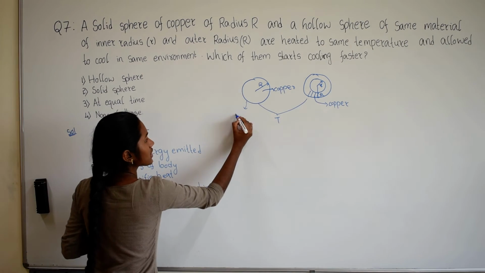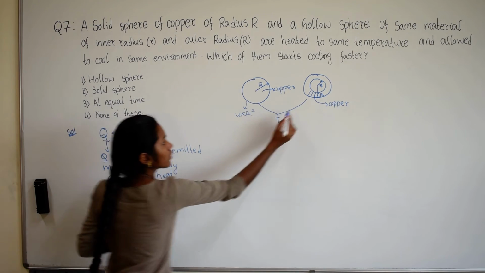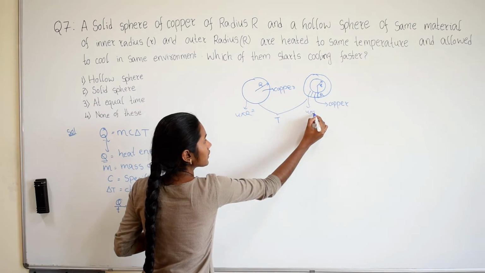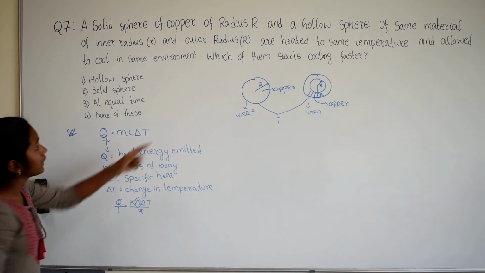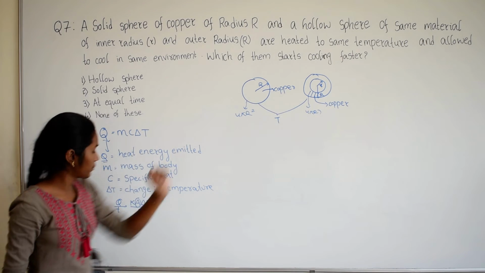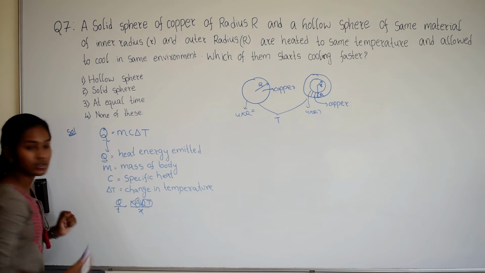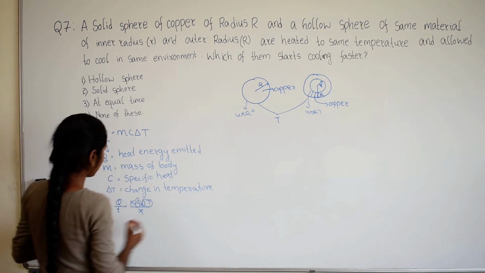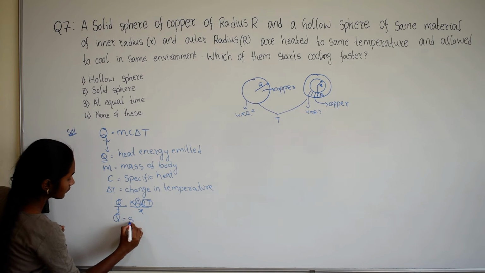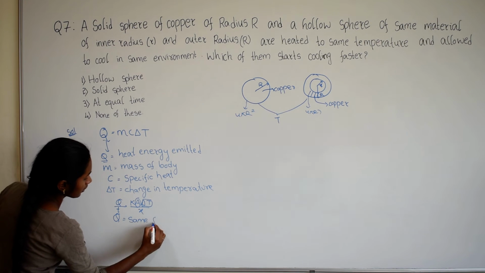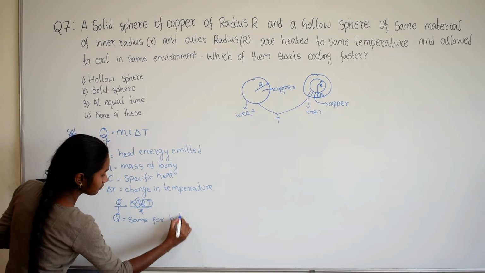Here the surface area is 4πr² and here also the same 4πr². So the surface area is the same and they are heated to the same temperature, so the temperature difference is also the same. So we can take Q as the same for both spheres.